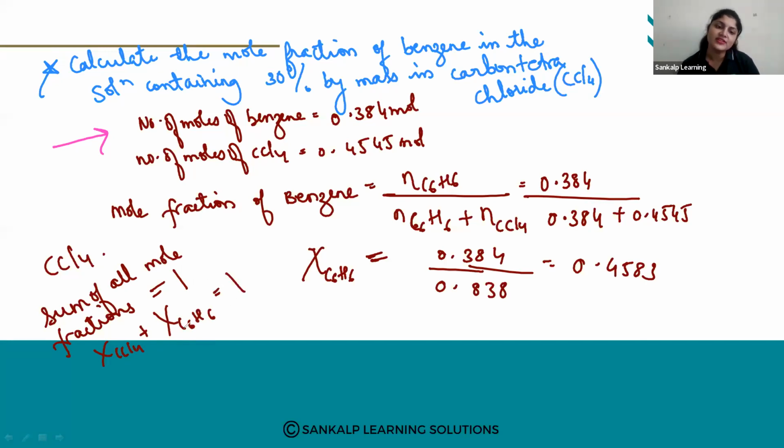Now you know the mole fraction of C6H6. You don't know it for CCl4. So how will you calculate it? CCl4 equals 1 minus the mole fraction of C6H6. So solve this: 1 minus 0.4583.